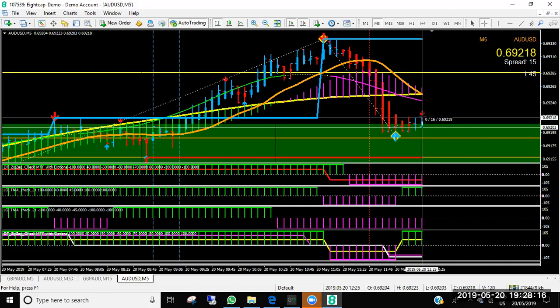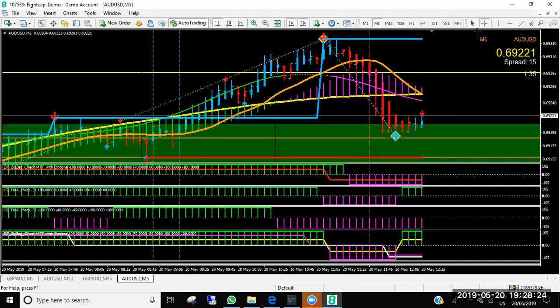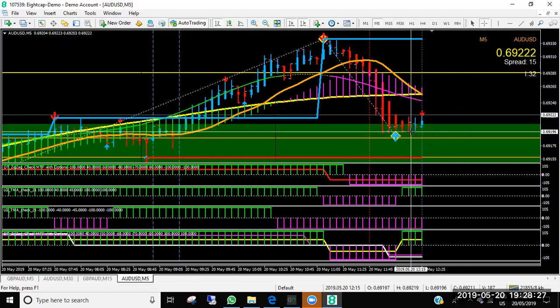So these 5-minute candles on the Aussie US are 1.5 to 2 pips. Yeah, 2.5 pips. So once again, not big size candles.